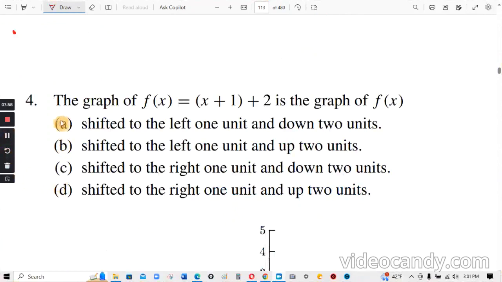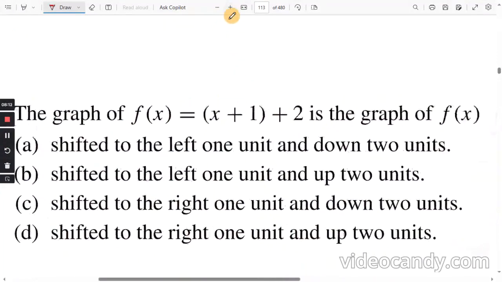All right, number 4, the graph of f of x equals this right here. And they want you to answer what shift was applied by doing this. Okay, so we start with f of x, and when you add plus 2 outside of the parentheses, the plus 2 makes it go up 2.